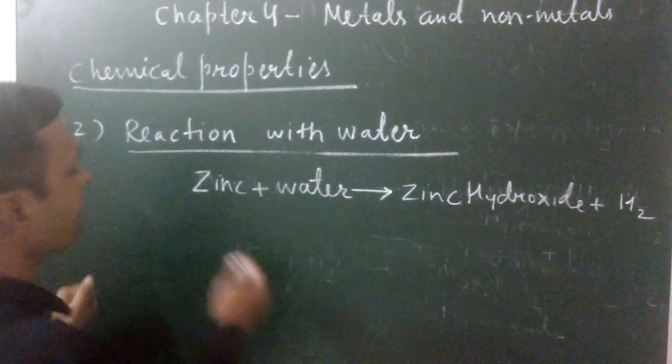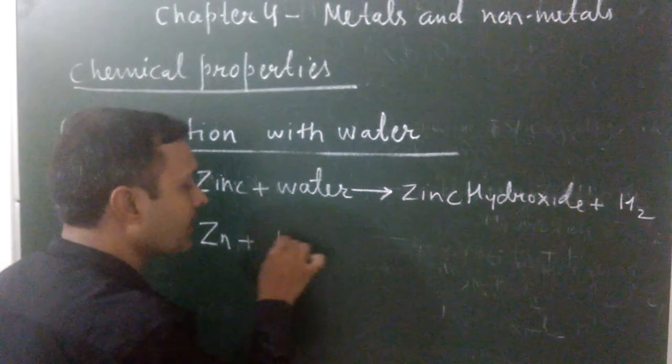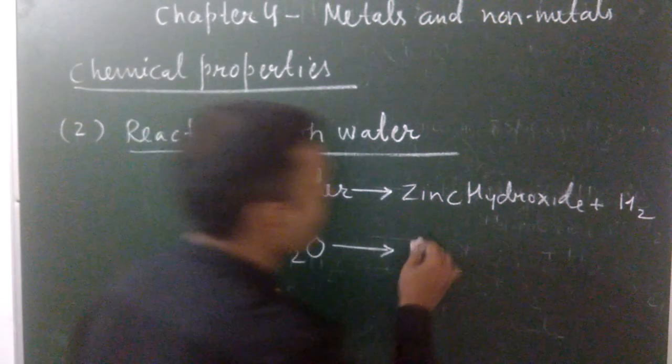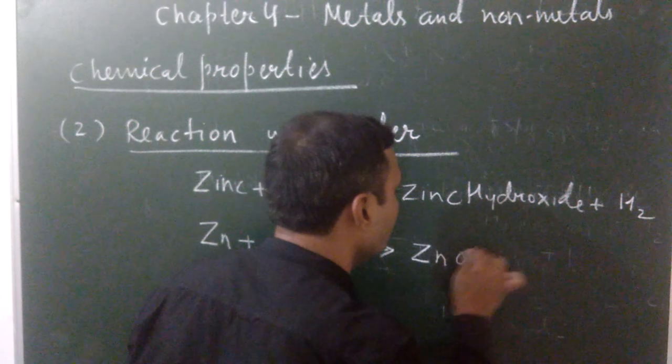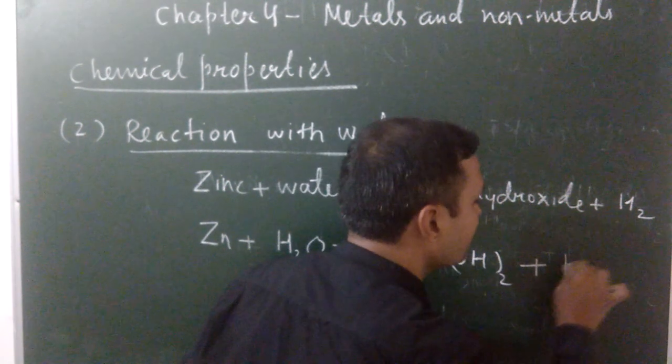Now see how to write it with symbols: Zn plus H2O gives the metal hydroxide, zinc hydroxide, Zn(OH)2, plus hydrogen gas.